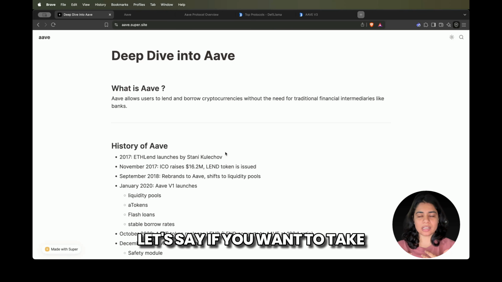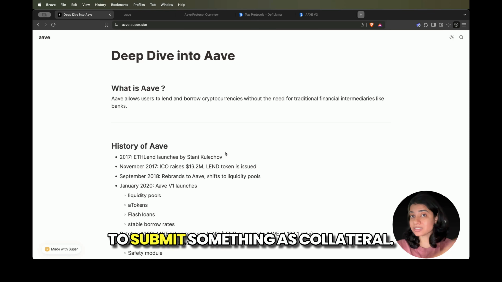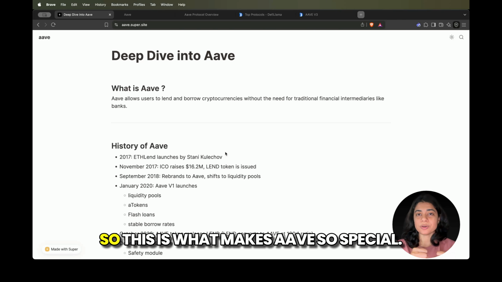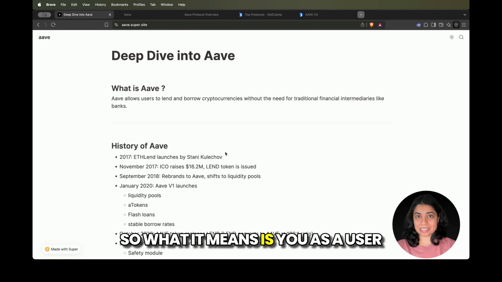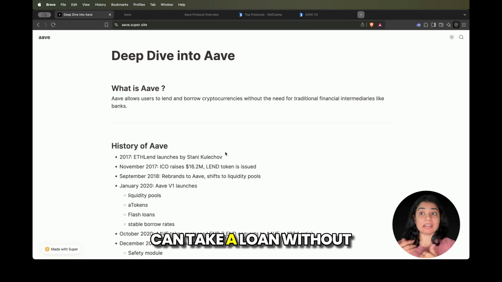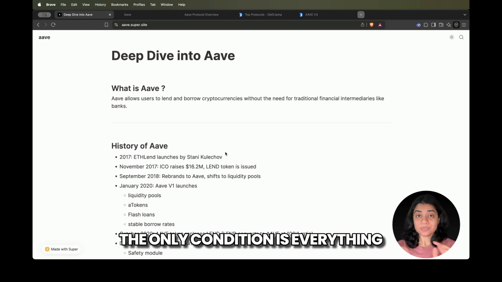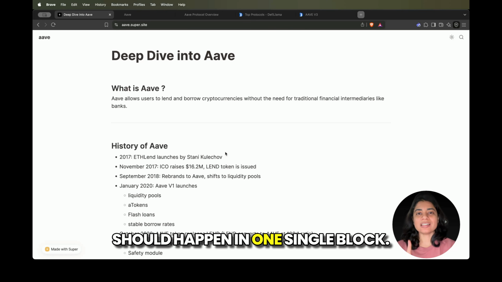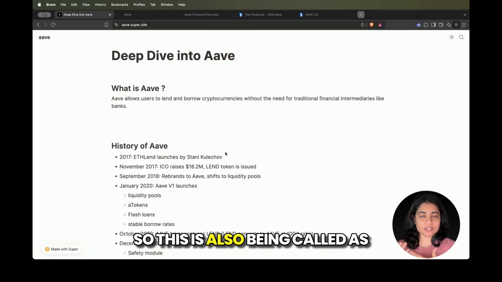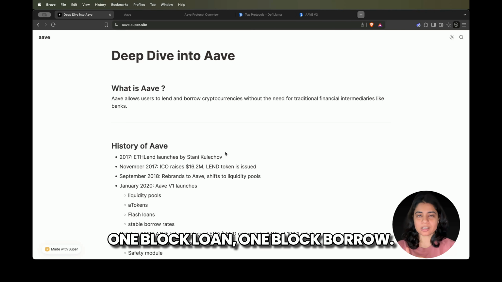If you want to take a house loan, you need to submit something as collateral. This is what makes Aave so special. As a user, you can take a loan without submitting any collateral. The only condition is that everything should happen in one single block. This is also called a one-block loan, or one-block borrow.